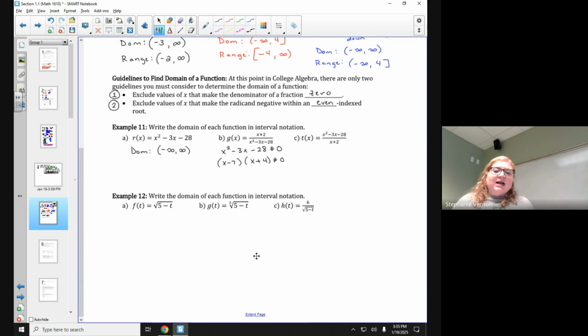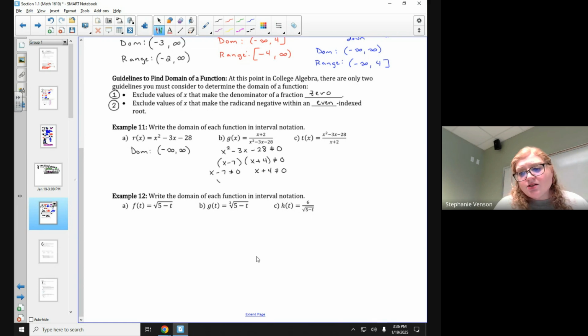So I factored that, and I now have x minus 7 times x plus 4 cannot equal 0. So that means x minus 7 cannot equal 0, and also x plus 4 cannot equal 0. So if I add 7 to both sides, I get x cannot equal 7. If I subtract 4 from both sides, I get x cannot equal negative 4.